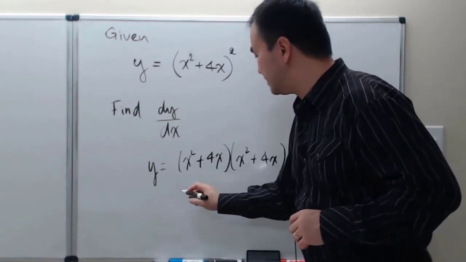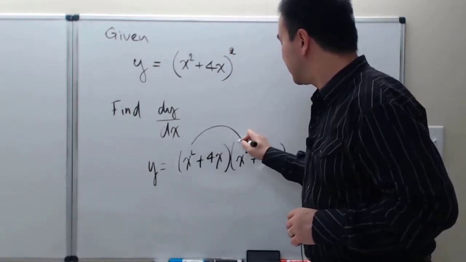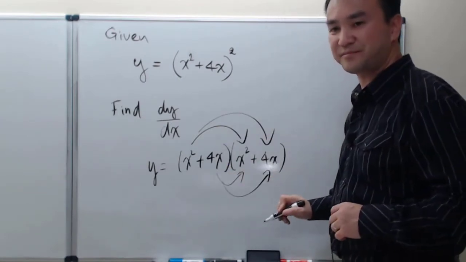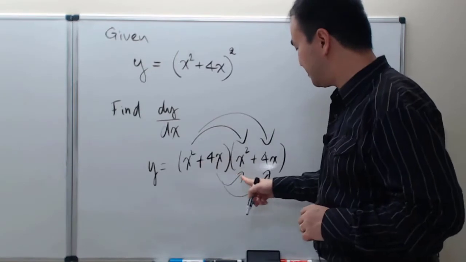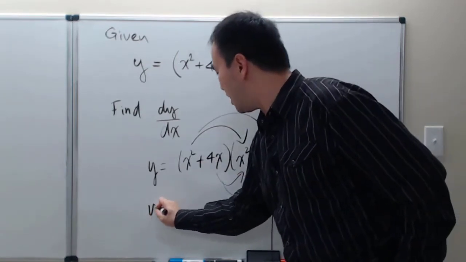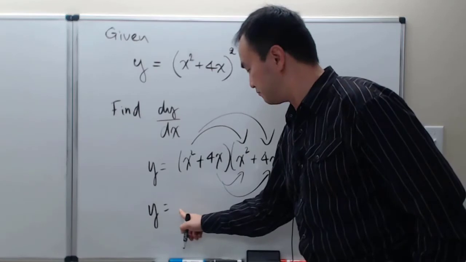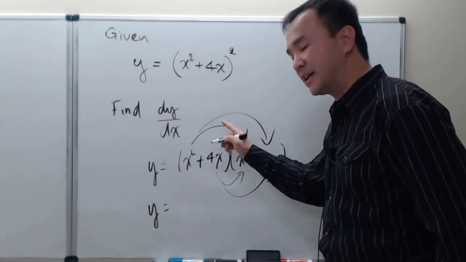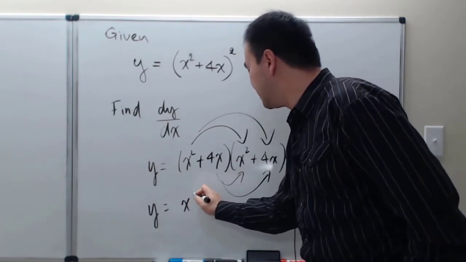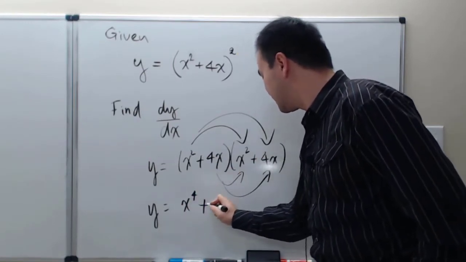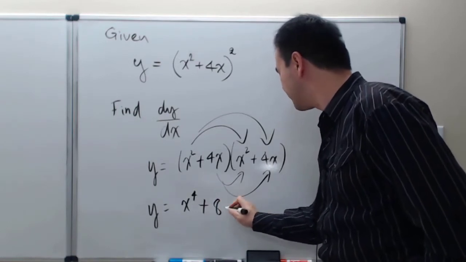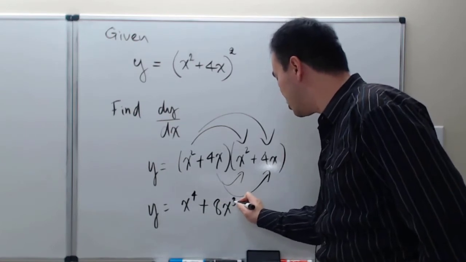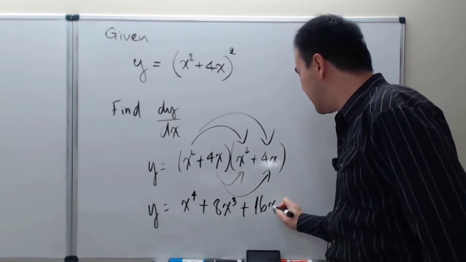What I'm going to be using is just the standard FOIL. So I am going to be foiling out my terms right here. So my y function, and this is still before finding the derivative, after foiling and combining like terms, I'm looking at x to the fourth plus 8x cubed plus 16x squared.